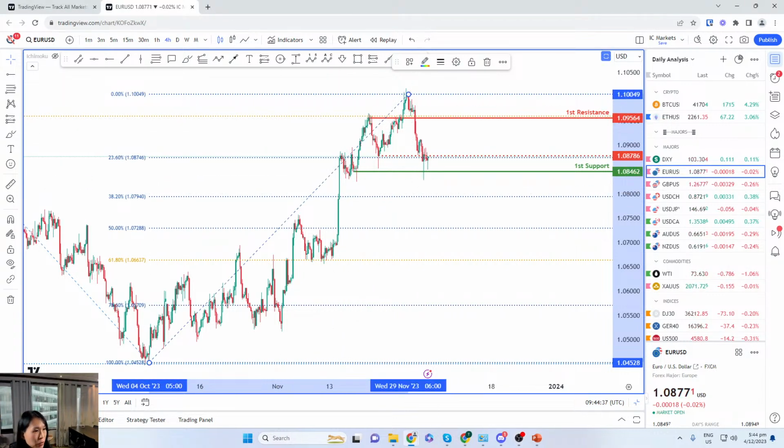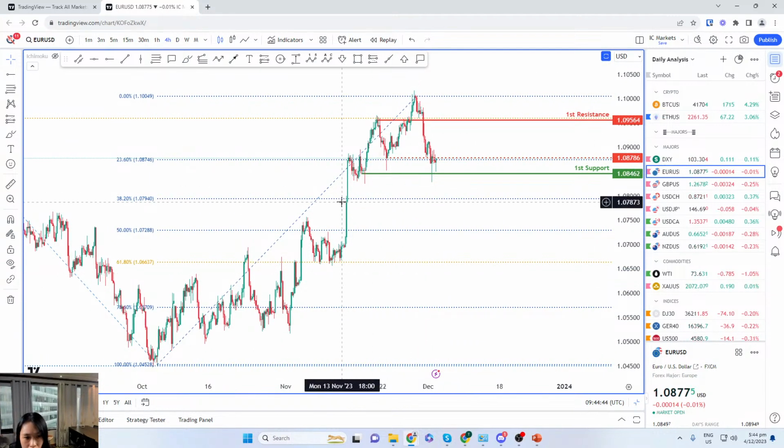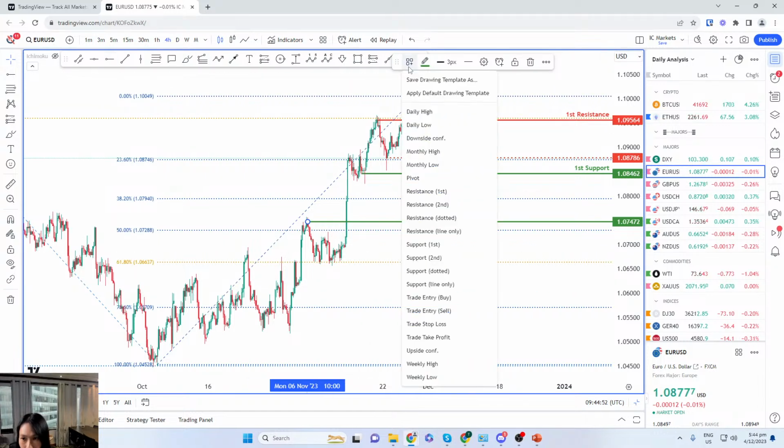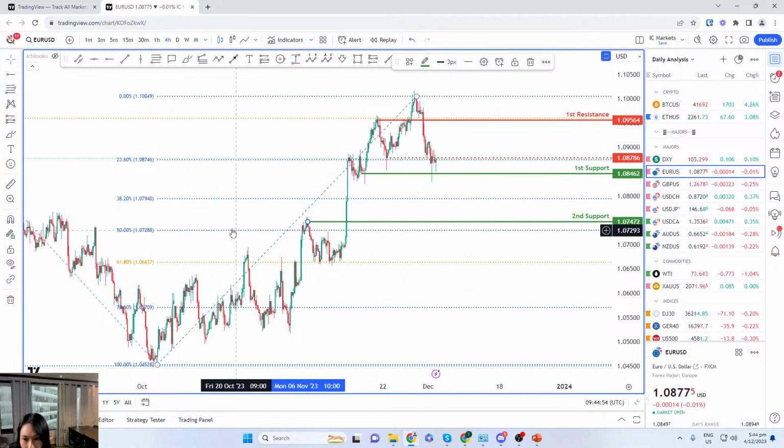So I've drawn another Fibonacci retracement from the swing high and swing low level. I can see that this will be a pretty good support line, second support, because it aligns with the 50% Fibonacci retracement line.